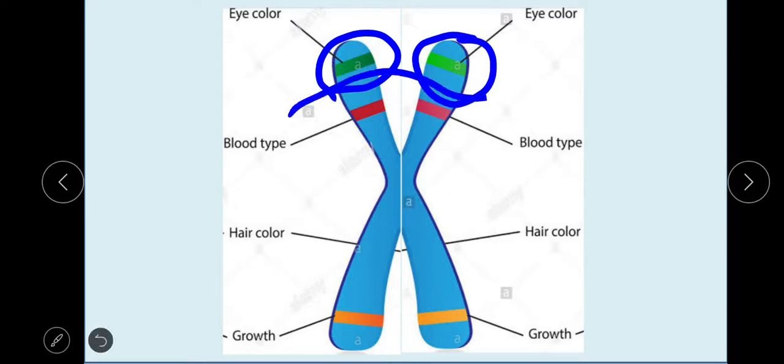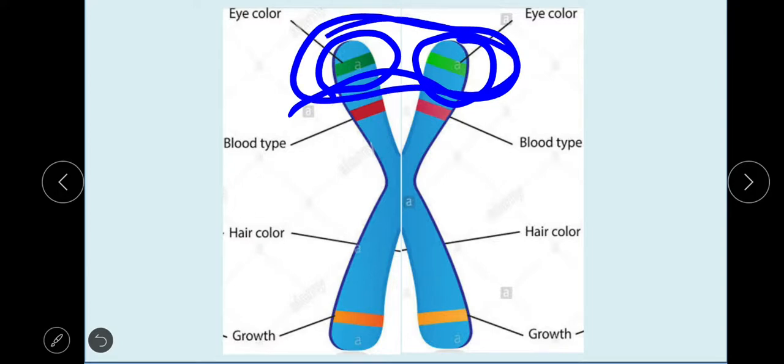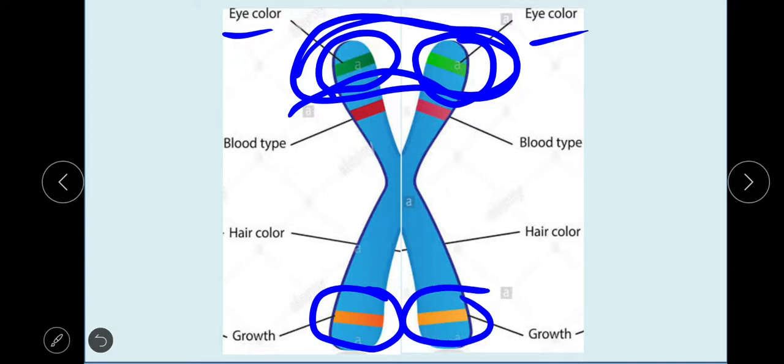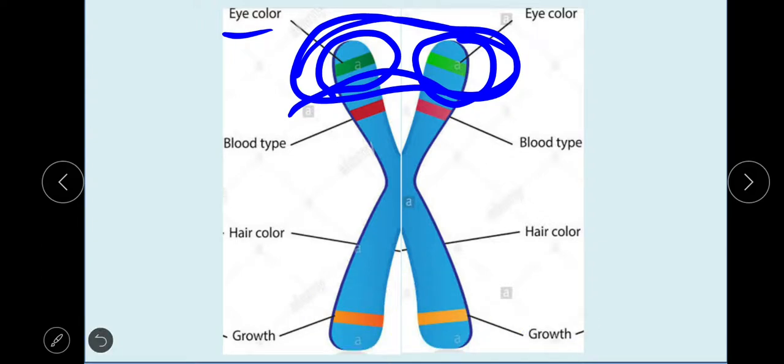The two alleles from our mother and father control the eye color gene. And another for growth. We have here an allele for growth and another allele for growth. They become one gene pair for growth. They control the growth.